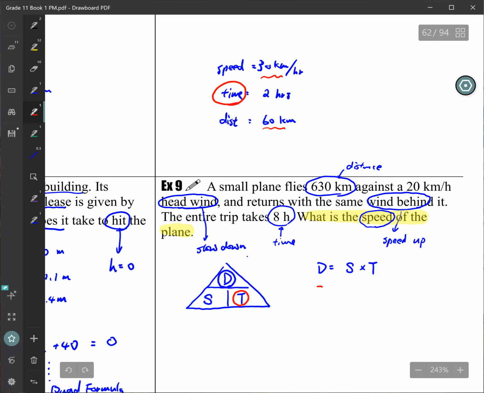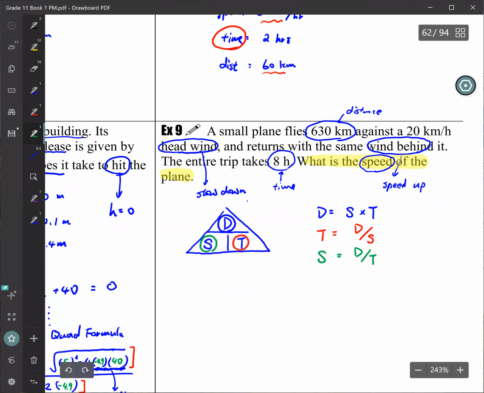So if you want to find time, it'll be distance over speed. And then if you want to find speed, which is Elaine's formula, speed is distance over time. I think Elaine was saying the formula for time. So those are the three, okay?